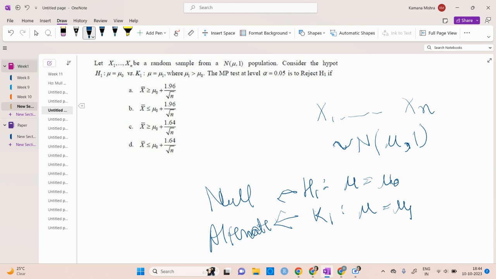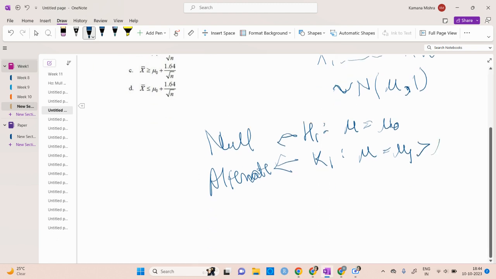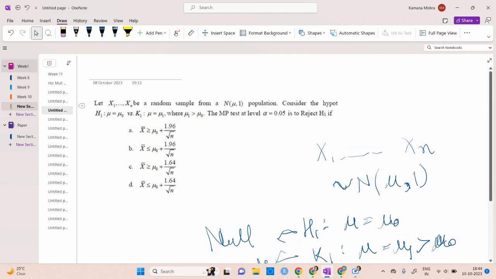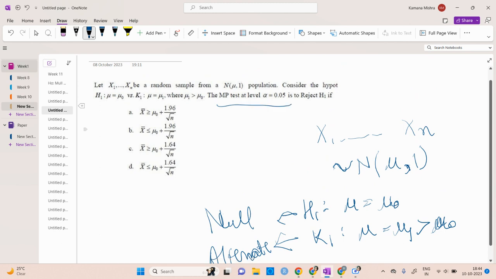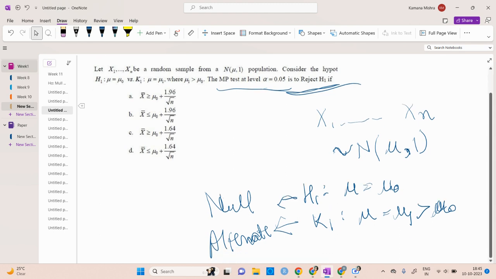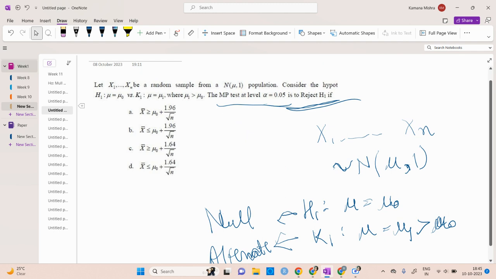And also one more thing given here is that mu1 is greater than mu naught, right? So now we need to do this test at the level alpha equal to 0.05, that is, to reject H1 if. That means when we can reject this null hypothesis. So we are taking mu1 greater than mu naught.